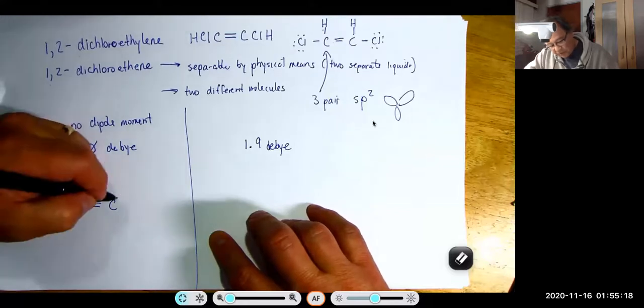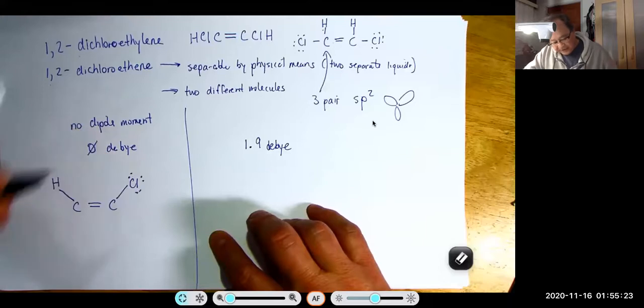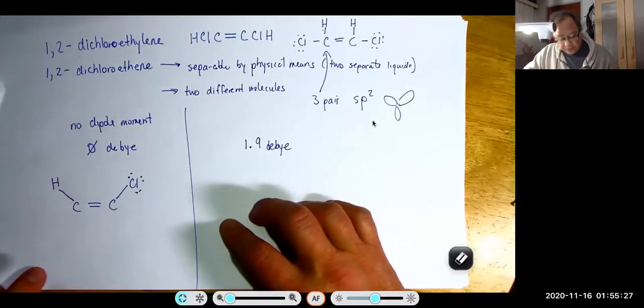Here's the one with no dipole moment. Tell me after I draw this if you agree that these are sp2 hybridized and trigonal planar.